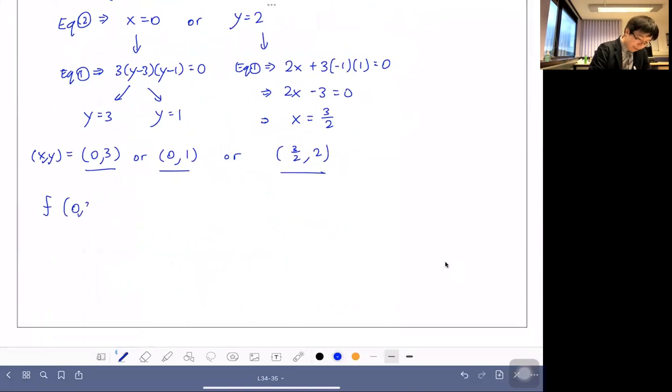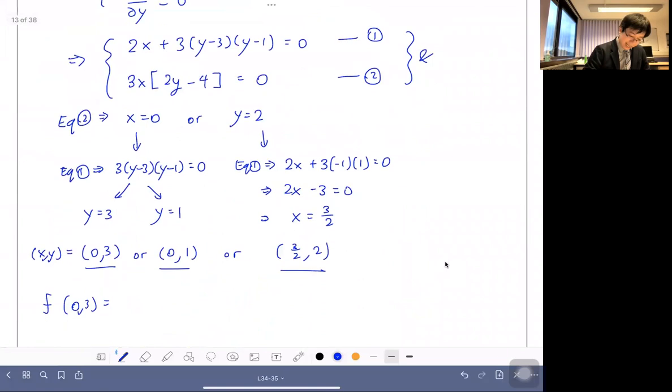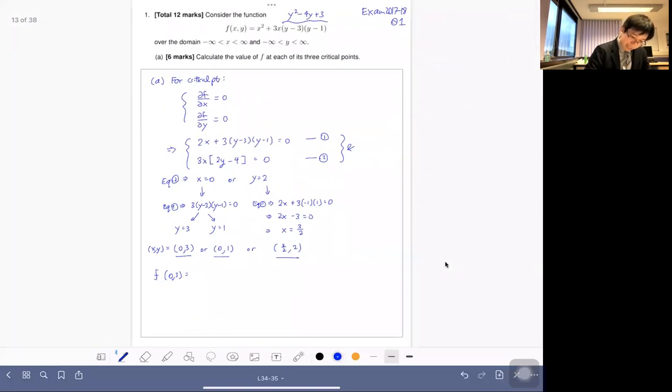So f of (0, 3) is, if I plug it back into f, then I get 0 plus 3 times 3 minus 3 and 3 minus 1, this is 0. All right, so f is 0.